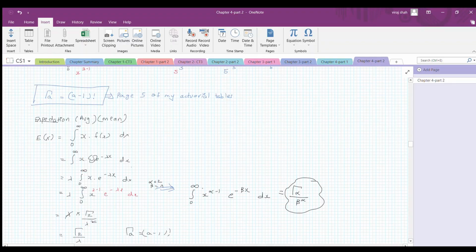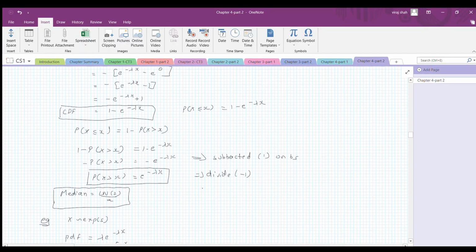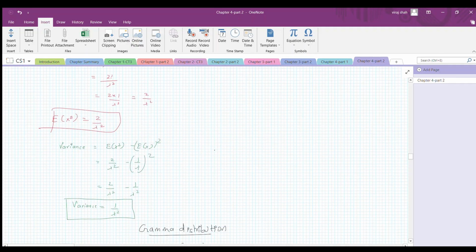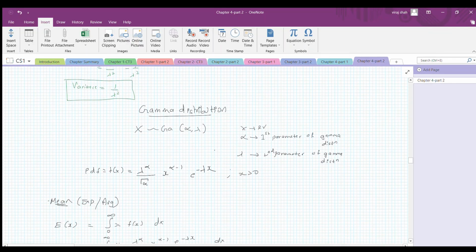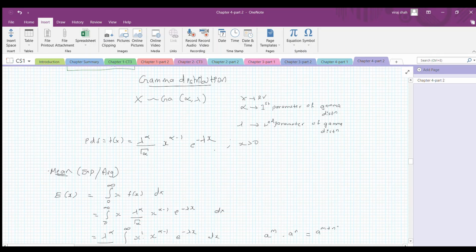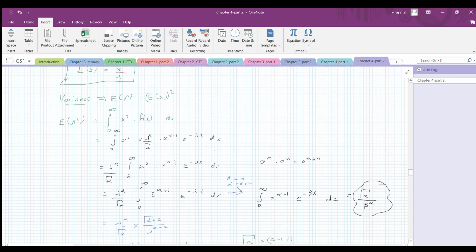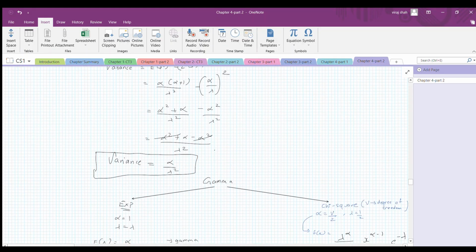We also derived its CDF. Then we went on to the gamma distribution. We wrote the formula, PDF, everything. We derived its expectation and variance. We didn't derive the CDF because there is no CDF for the gamma distribution, okay?